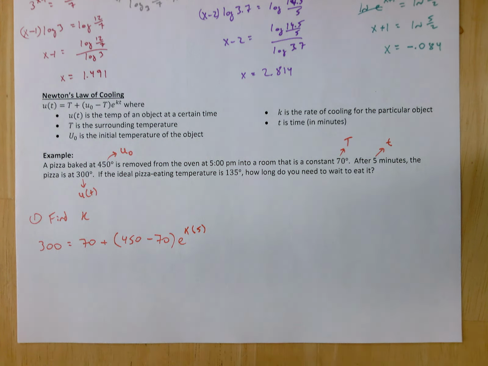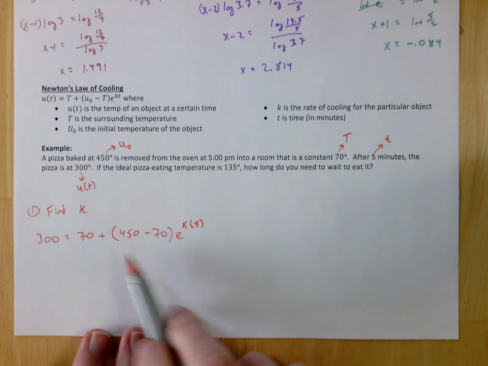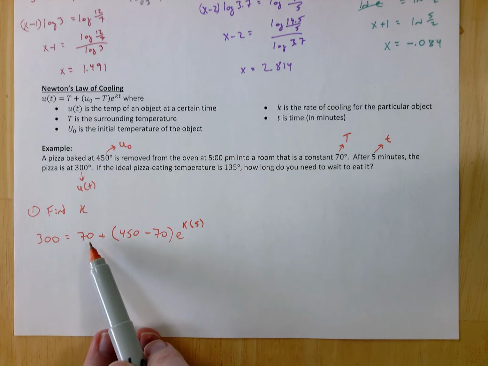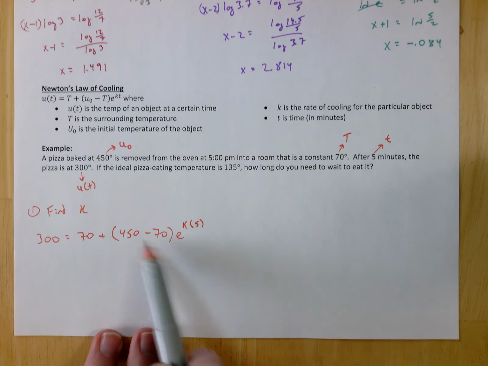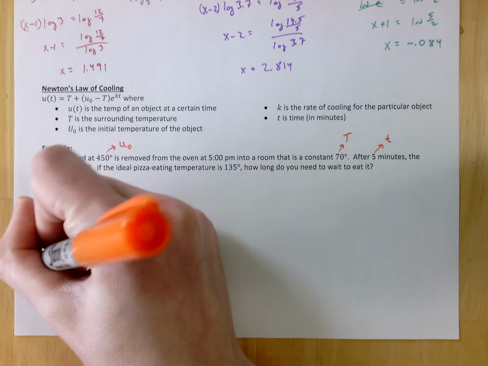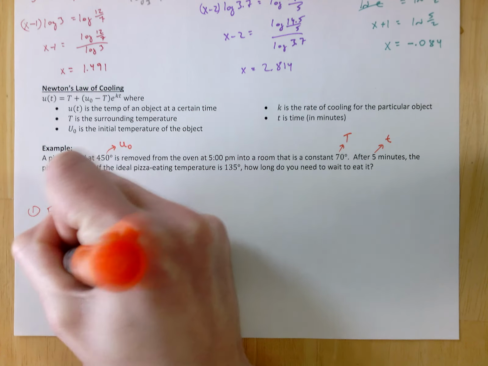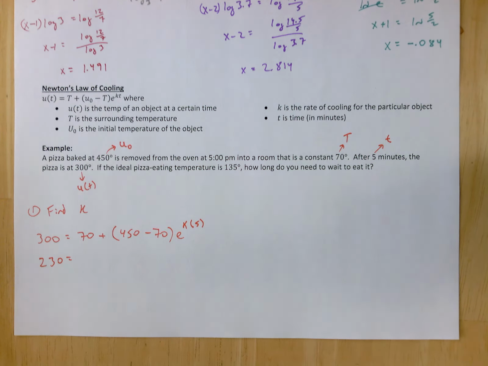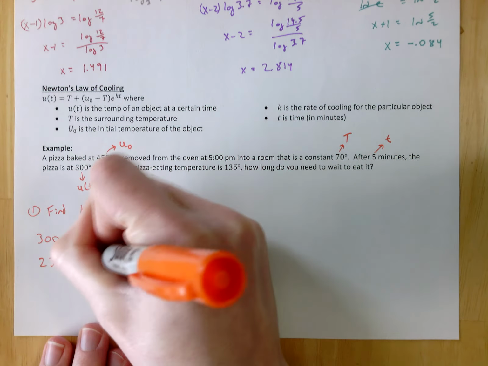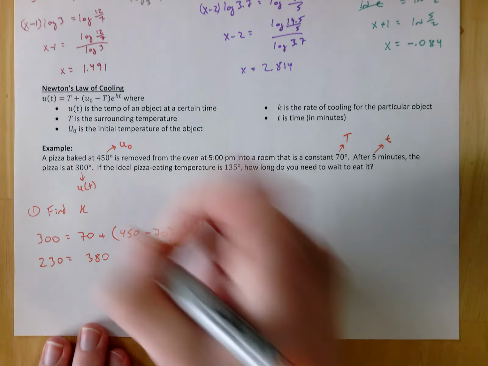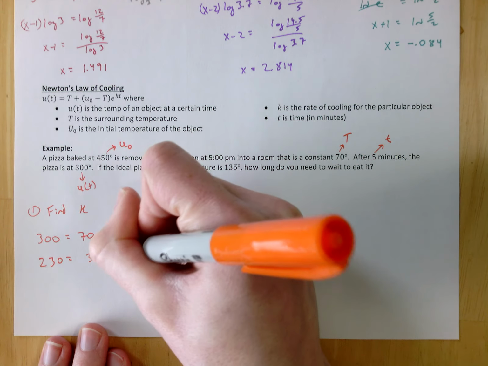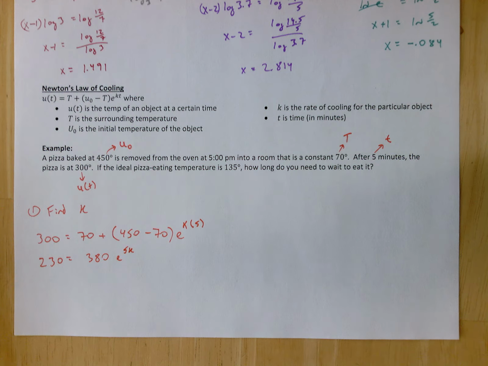Okay, so first I'm actually going to do 2 things at the same time. One, I'm going to subtract the 70 from both sides. And two, I'm just going to simplify my parentheses. So 70 subtracted from both sides, that's going to be 230. And then 450 minus 70 is 380, times e to the 5k, I'm going to write it as.